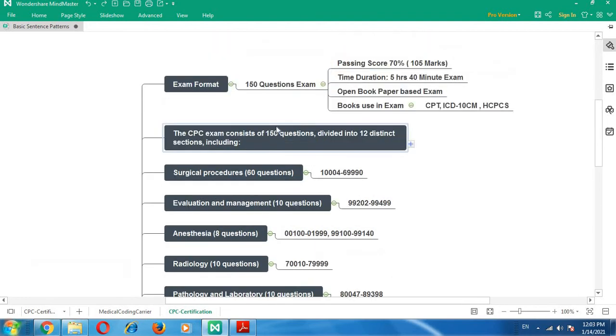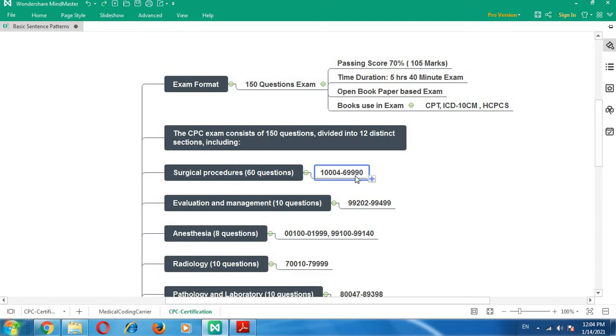All right, let's understand how the curriculum is designed for this CPC certification exam. The 150 questions are divided into 12 distinct sections. The first section is surgical procedures. This is a very important section, and the code series for surgical procedures starts from 10004 to 69990.